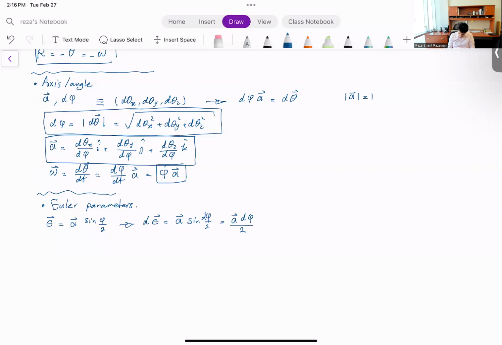So it is 1/2 d theta. So let me write it down here: dE equals d theta over 2. And you can essentially divide it by dt, so E dot is theta dot over 2.